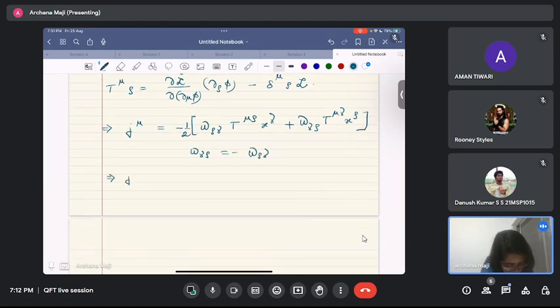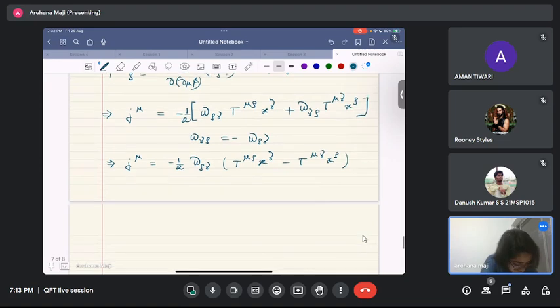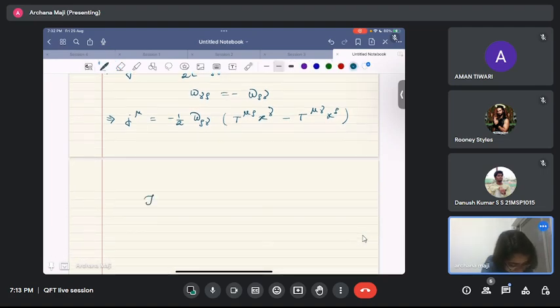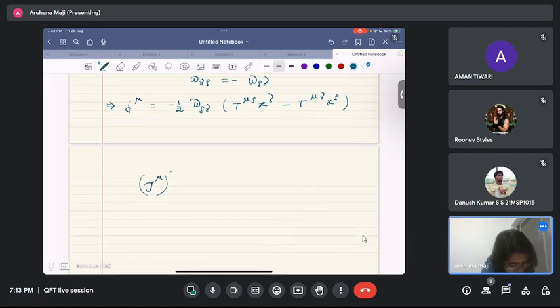So this implies J mu is minus half omega rho nu, T mu rho x nu minus T mu nu x rho, and we call that term inside the bracket to be the corresponding current.